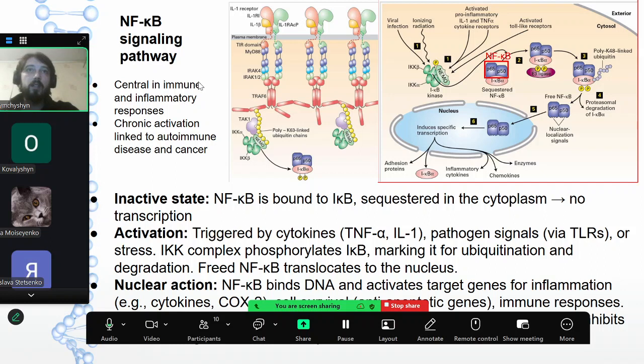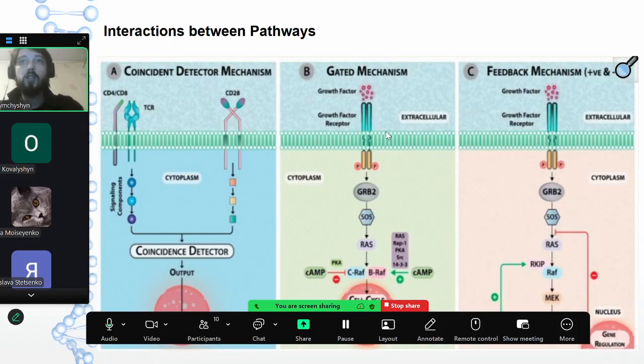So one more interesting pathway: the NF-kappa B signaling pathway. You will see that if you study immunology and inflammatory responses. So I'm not getting into that. You can look at these nice pictures. I'll just tell you that different pathways may interact, like detect coincidence.